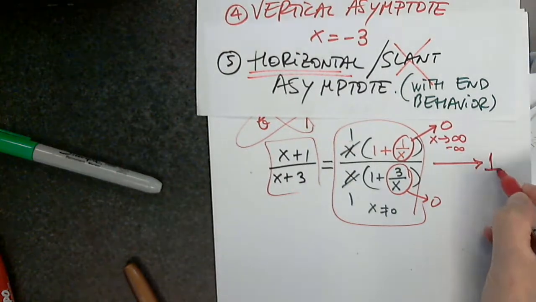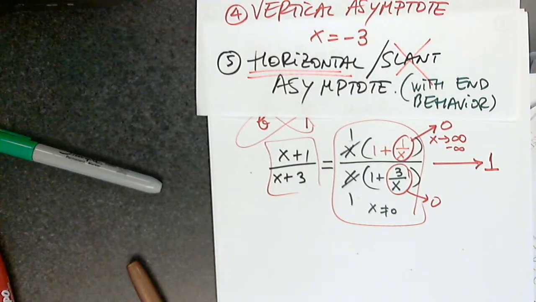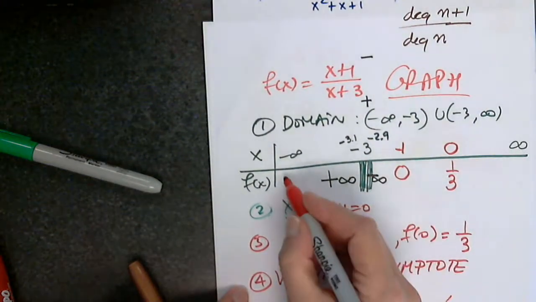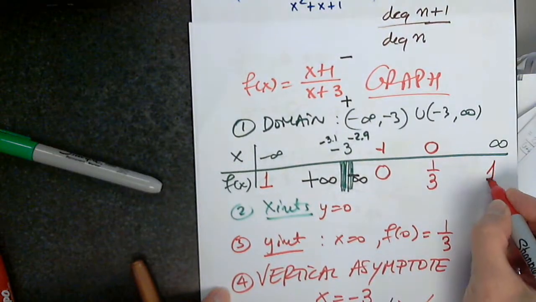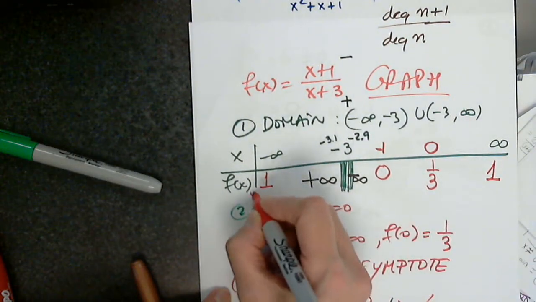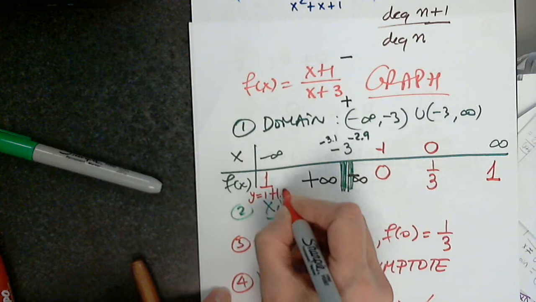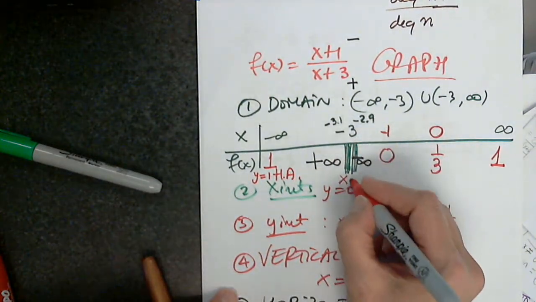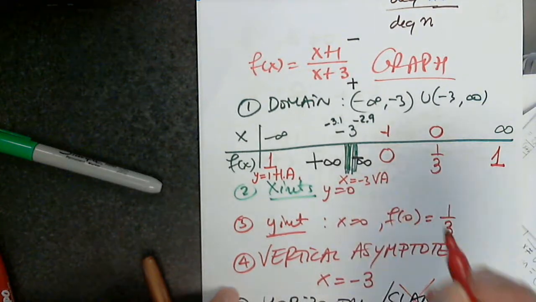Exactly. And this is the horizontal asymptote and the end behavior of this function. So I'm going to write here 1. I'm going to write underneath y equals 1 a horizontal asymptote. And under negative 3, I'm going to write x equals negative 3 is a vertical asymptote.